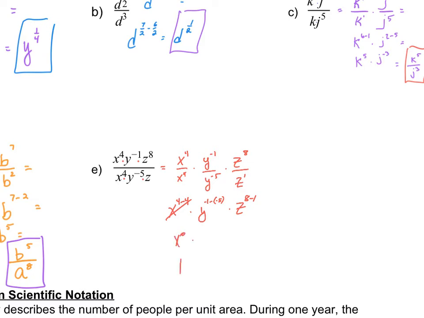And this becomes y to the negative 1 minus a negative 5, which becomes y plus 5, and that would be y to the 4th times z to the 7th. And therefore we have 1 times y to the 4th times z to the 7th, or just y to the 4th z to the 7th.